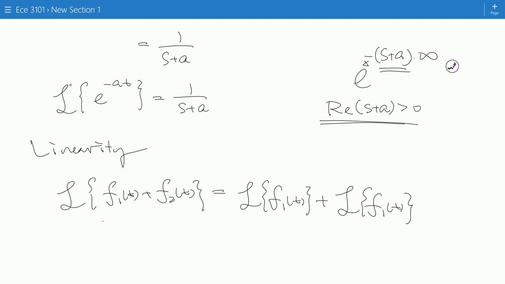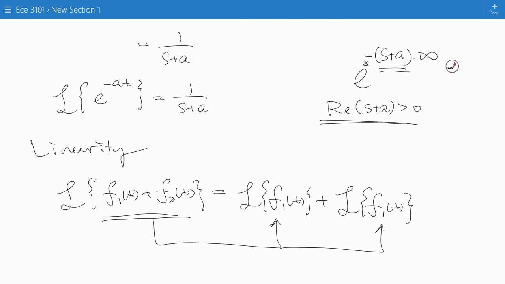Now this property can be used in both ways. Sometimes we can decompose a big function into two small parts. And if we're able to find the Laplace transform of each individual, then we're able to find the Laplace transform of this big function. And sometimes we can do it the other way as well.